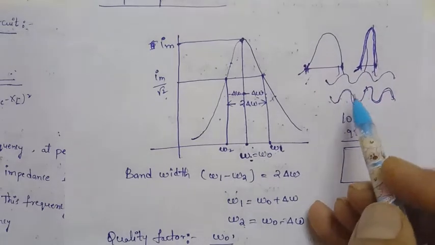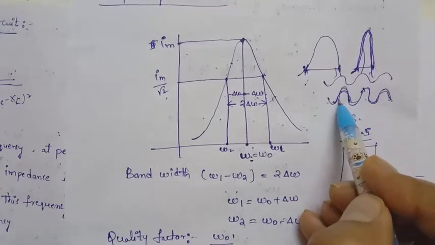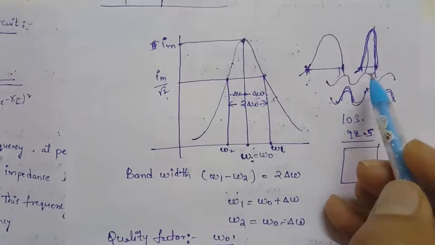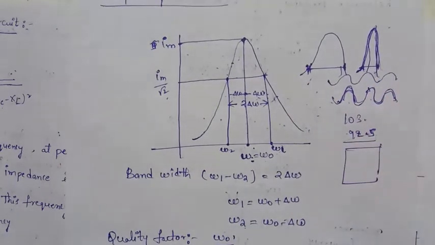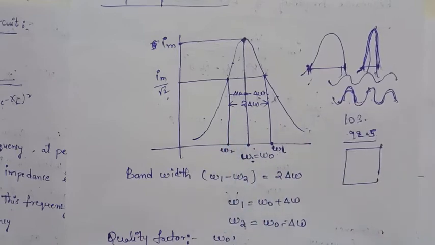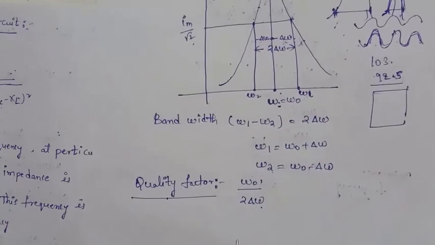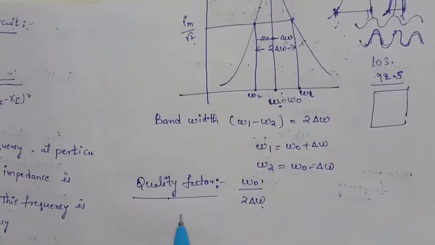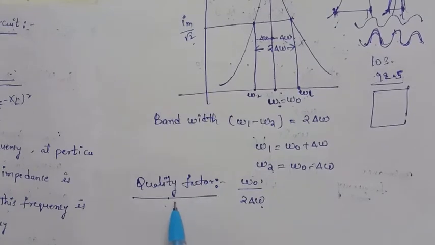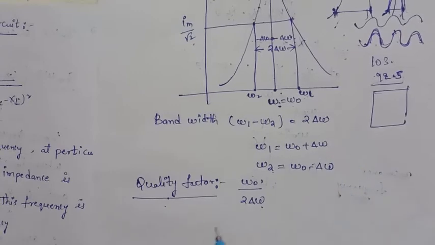This quality depends upon these peaks. If the sharpness of these peaks is very great, then we get good quality of the sound, audio or video. That quality we can observe by the quality factor. So a less bandwidth means good quality of sharpness.